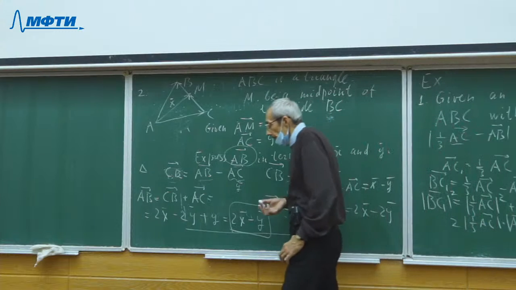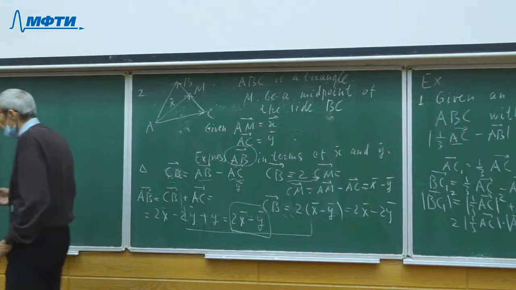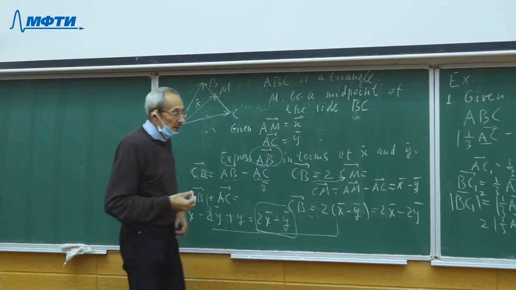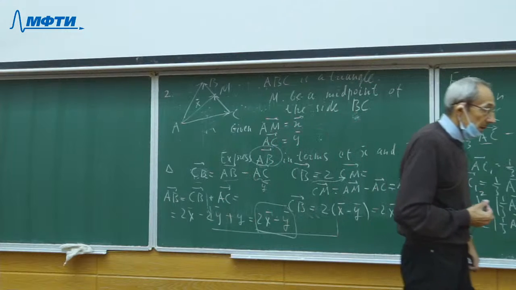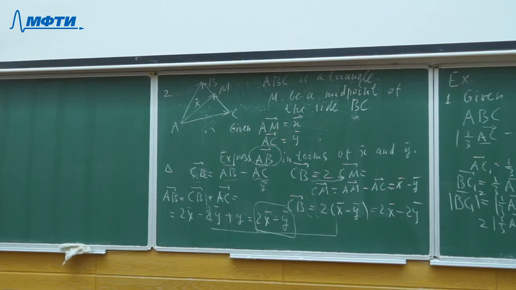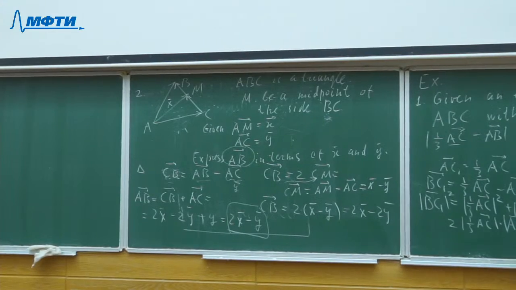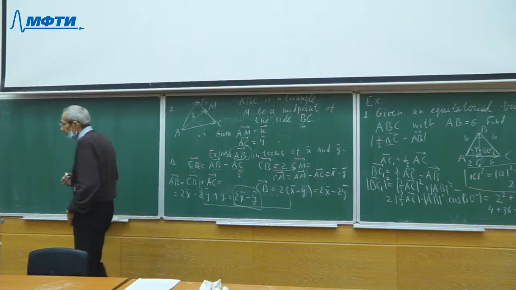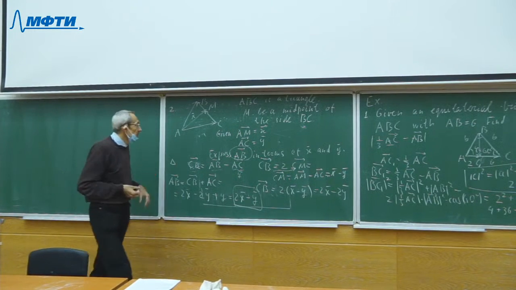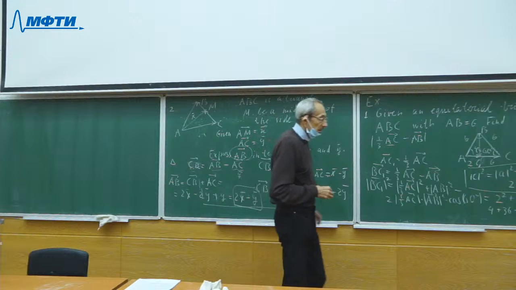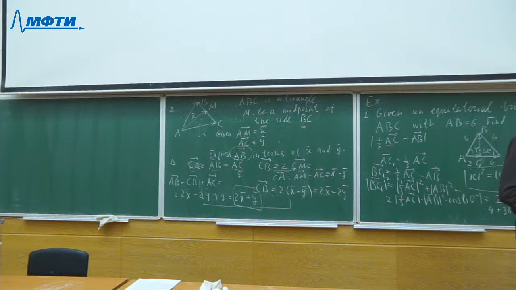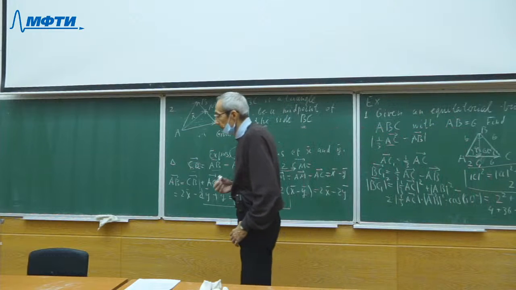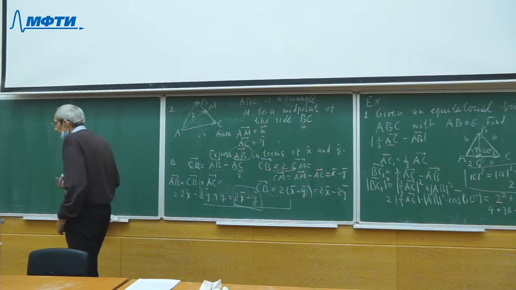But we knew that such an expression exists, and we used a general theorem which asserts that this expression exists for every plane vector, because every two non-collinear vectors form a basis in the plane. This is the basis theorem.